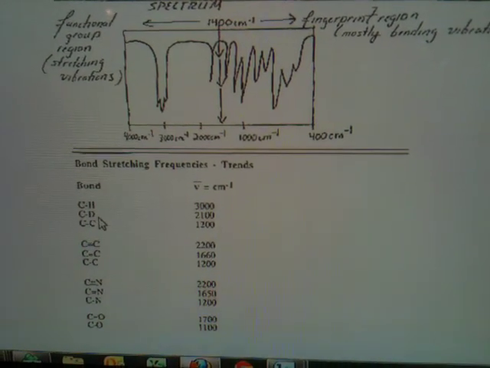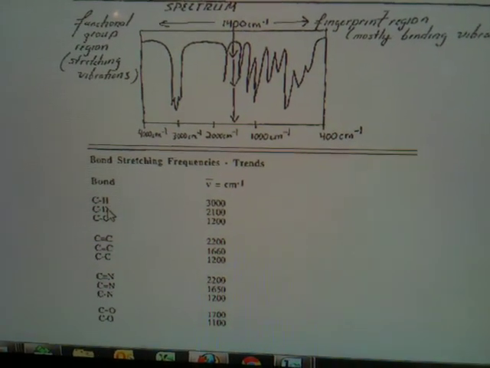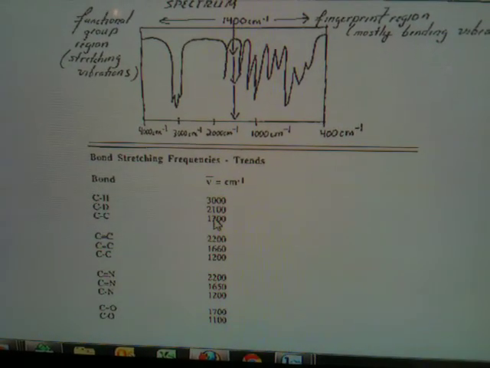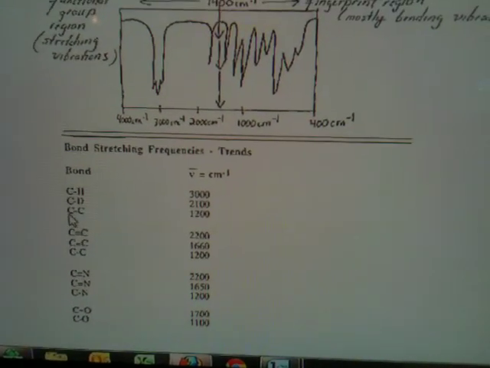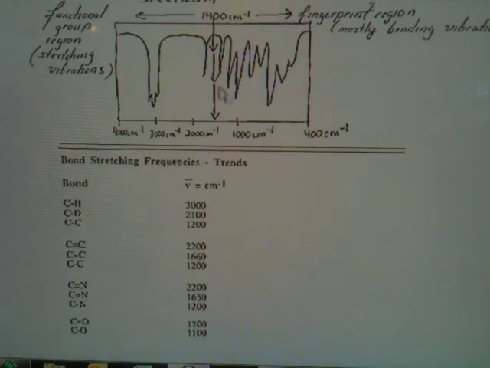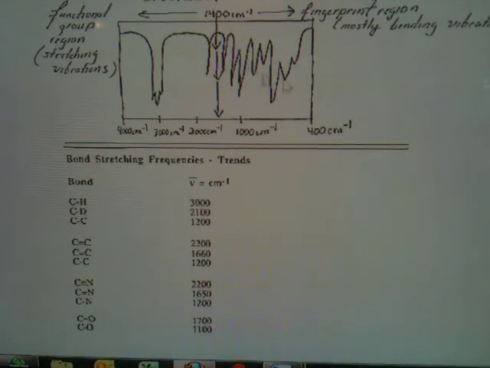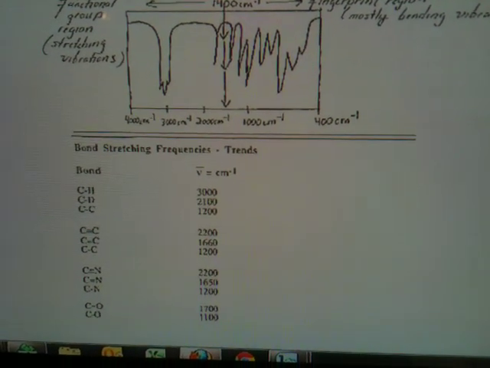Now notice what happens if you substitute a deuterium, and deuterium is just heavy hydrogen, twice the mass. What happens is the frequency goes down to 2100. CC single bonds are around 1200. So unfortunately, they fall in the fingerprint part of the region of the spectrum, and we tend not to pay that much attention to them, though we could. We can if we want.